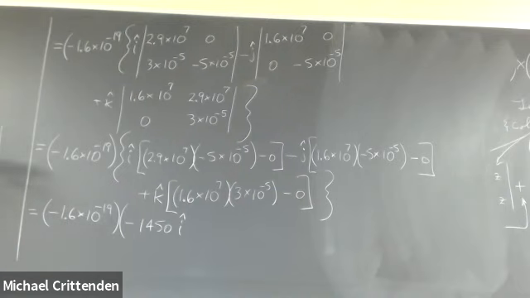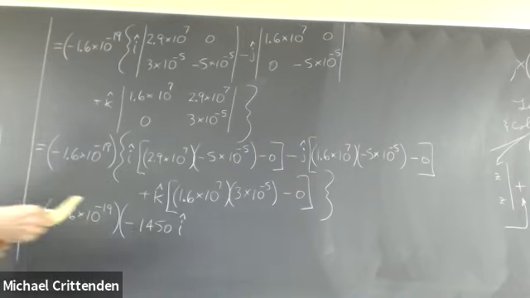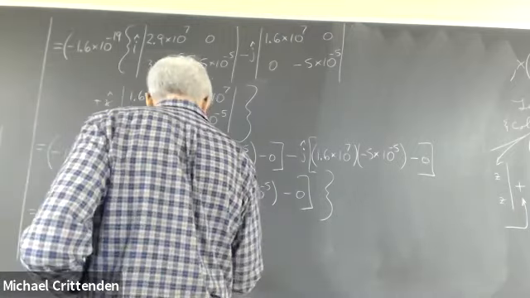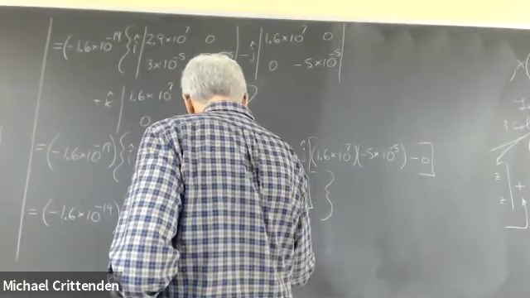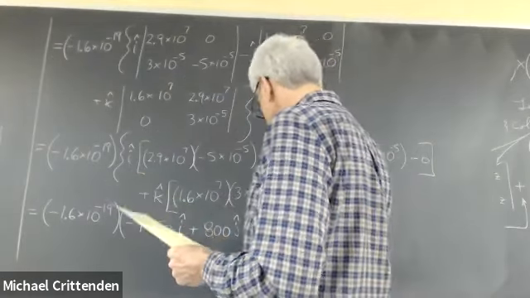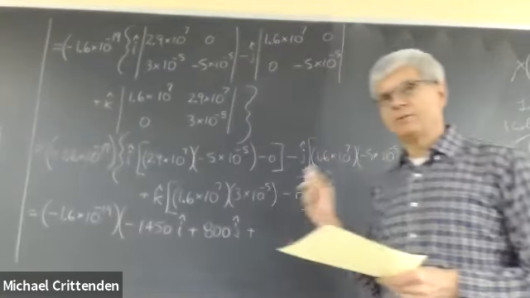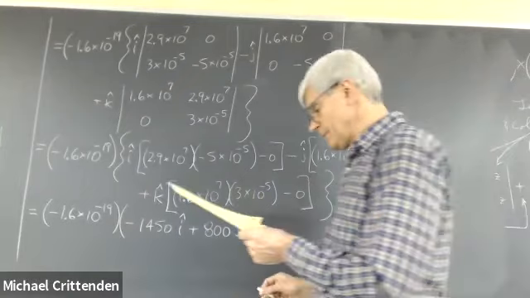Those brackets that's multiplied by I, that works out to negative 1,450. And 800 for the y component. This is the y component of v cross b. I still have to multiply by the charge.